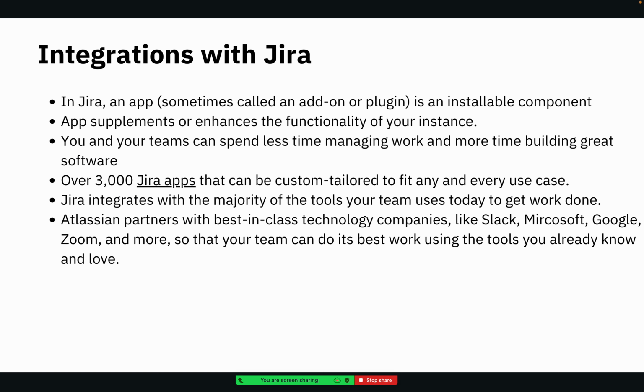So if you see here, integrations with JIRA. An app is sometimes called an add-on or plugin, and it can be installed and enhances the functionality of our instance of JIRA, and we need to spend less time.